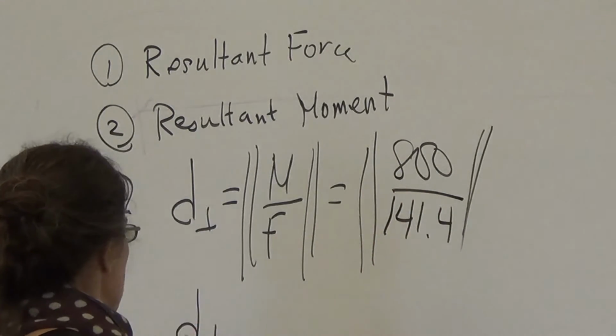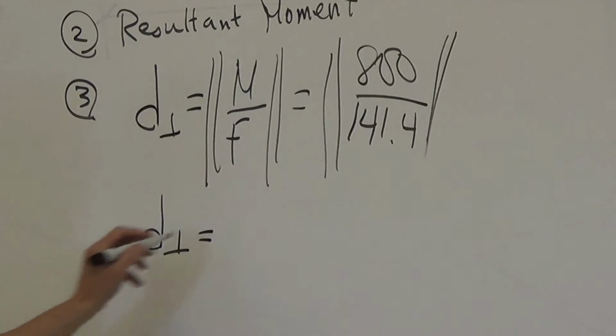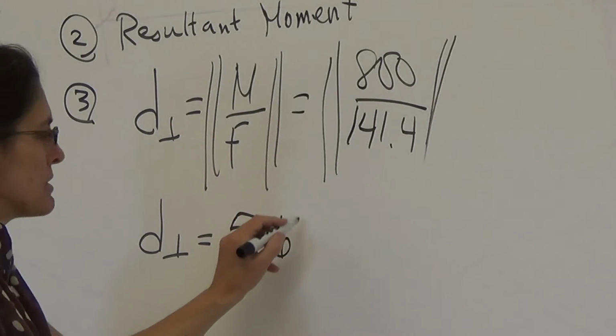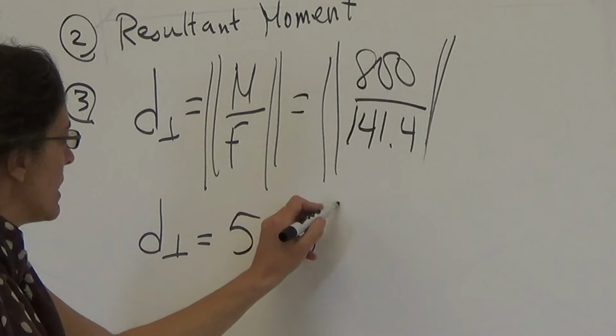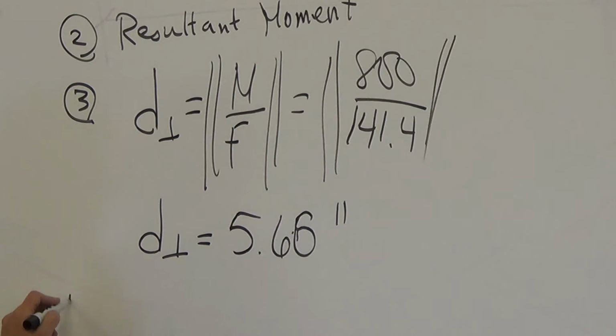And what does the perpendicular distance turn out to be? 5.65? 5.66 inches, right?